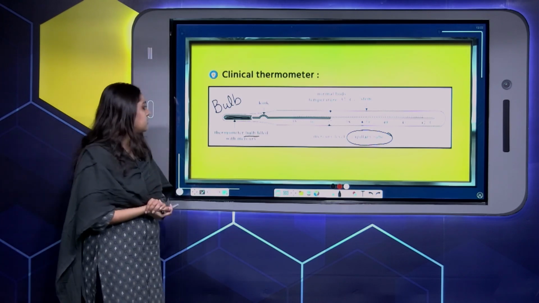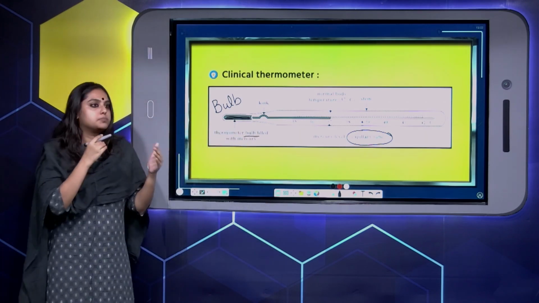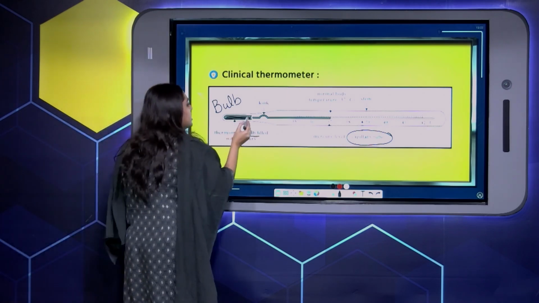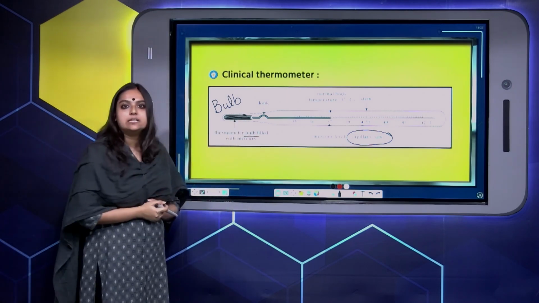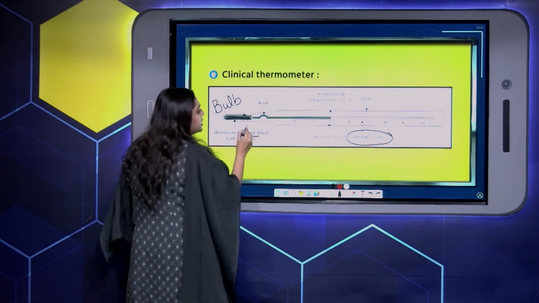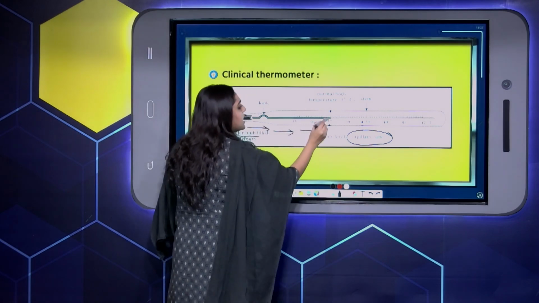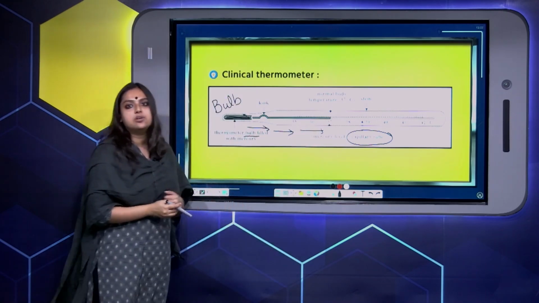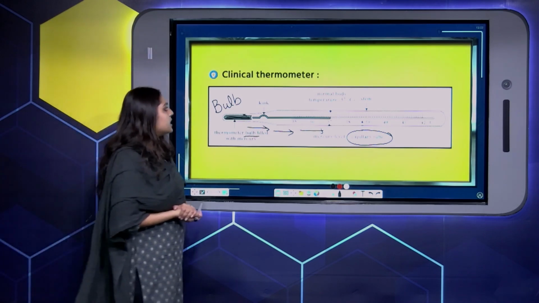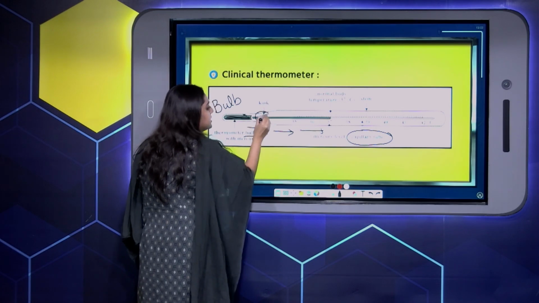What happens when this thermometer is put in body contact? Then the mercury inside the bulb expands and flows in this direction and comes to a point which denotes the temperature of your body, right? So you can see there is a curvature here.